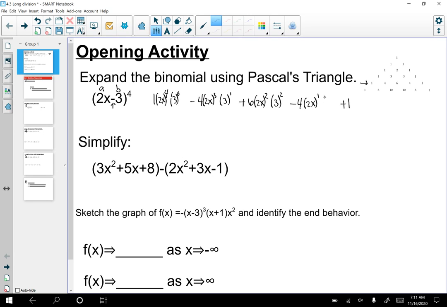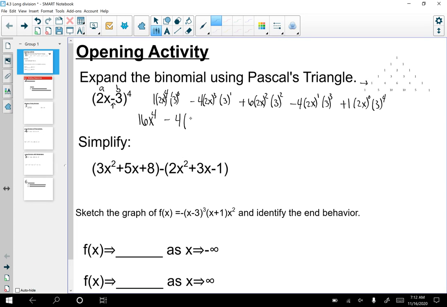2x to the first, which means our 3 to the third, and then finally we have 2x to the 0, 3 to the fourth. Now we can go ahead and simplify. 2x to the fourth is 2 to the fourth, which is 16, and then x to the fourth. 3 to the 0 is just 1.